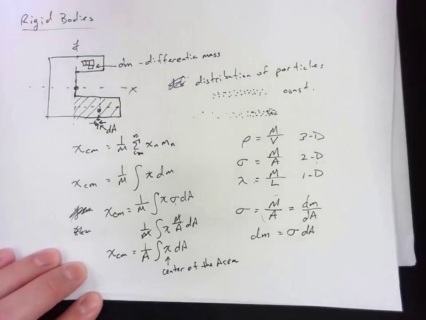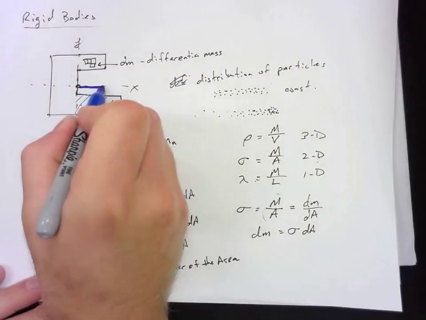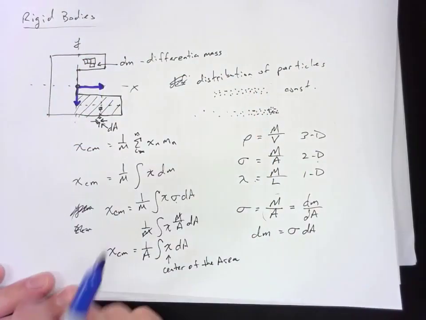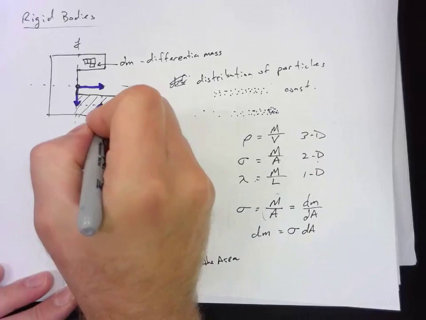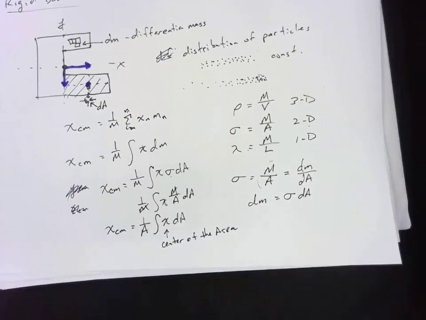So you would have to basically figure out how far over from here is it, and then how far down is it, and that's going to be the center of that single area. And again, you can do it in both directions.